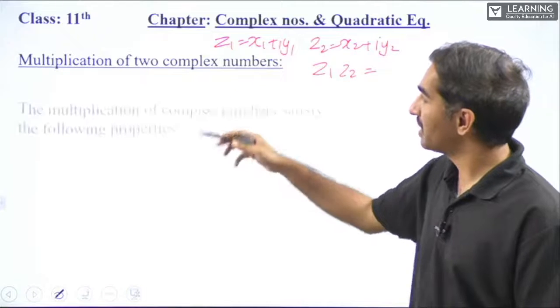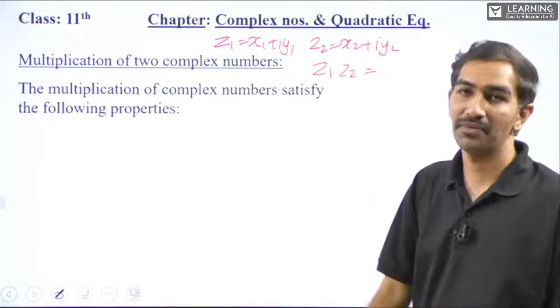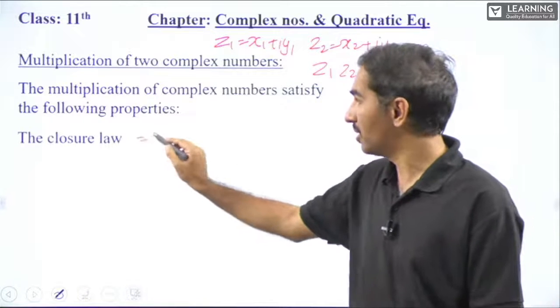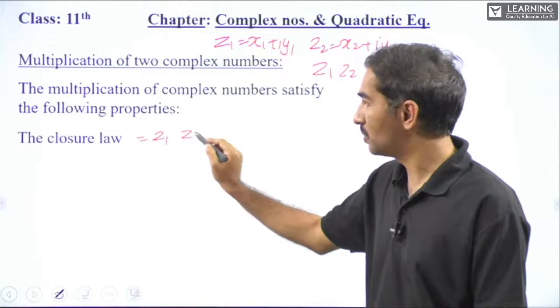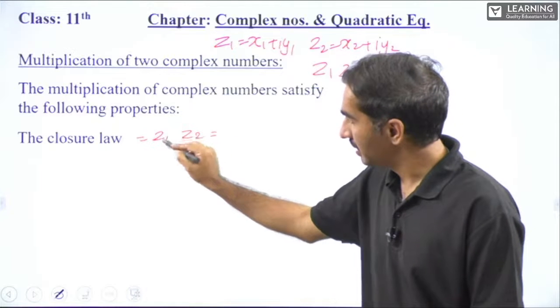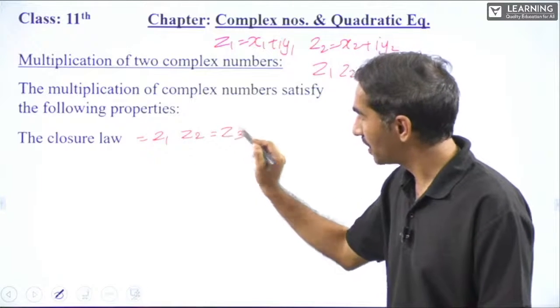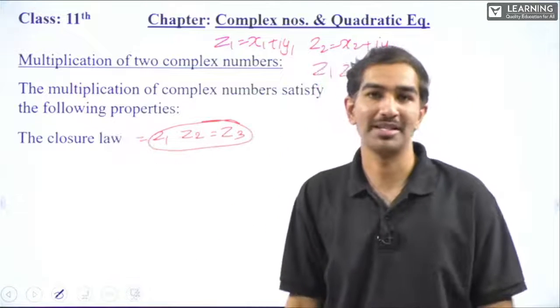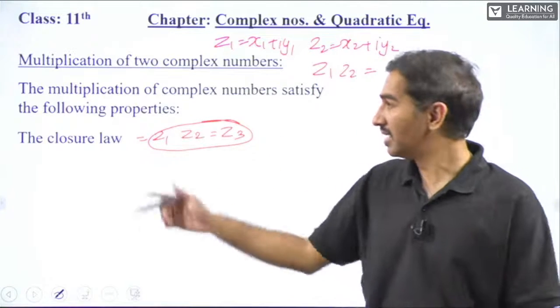So there are a few properties which are satisfied by multiplication of complex numbers as well. So following our first one, closure law. If z1 is a complex number, z2 is a complex number, if you multiply these both complex numbers, you will be getting a complex number again. This property is called as what? Closure law. Moving on to the next one.